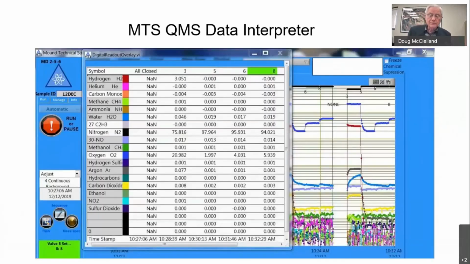That data then is massaged with our data interpreter, and the results of that are shown in this table. We have capillaries. Capillary 3 is air with 3% hydrogen in it.